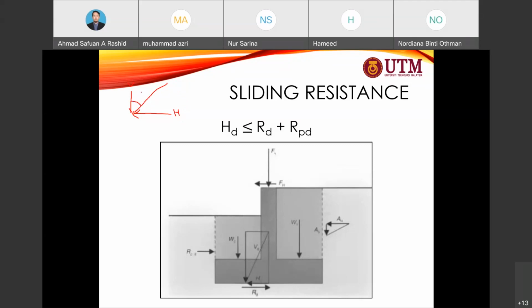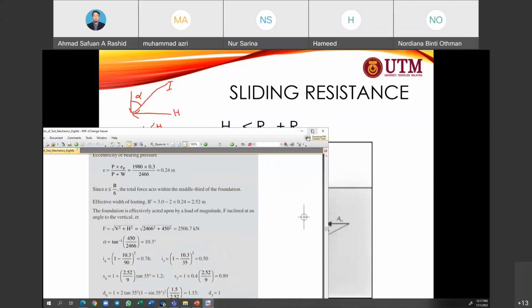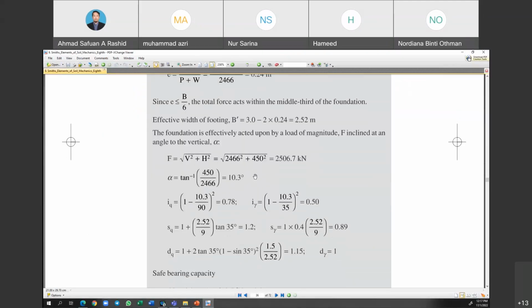So you need to get this alpha. We call this inclination i. So tangent alpha is H over V. Then you can get the alpha value. So that is the alpha.